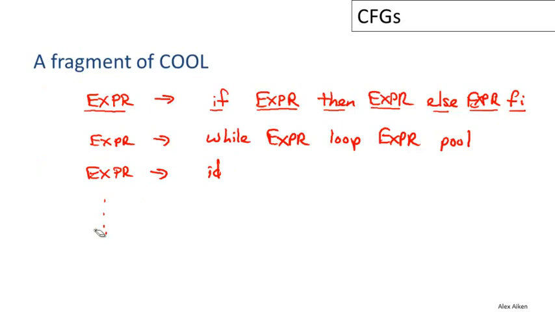And let me just show you one bit of notation to make things look a little bit nicer. When we have many productions for the same non-terminal, we usually group those together in the grammar. We only write the non-terminal on the left-hand side once, and then we write explicit alternatives. So this is actually completely the same as writing out EXPR arrow 2 more times. But this is just a way of grouping these 3 productions together and saying that EXPR is the non-terminal for all 3 right-hand sides.